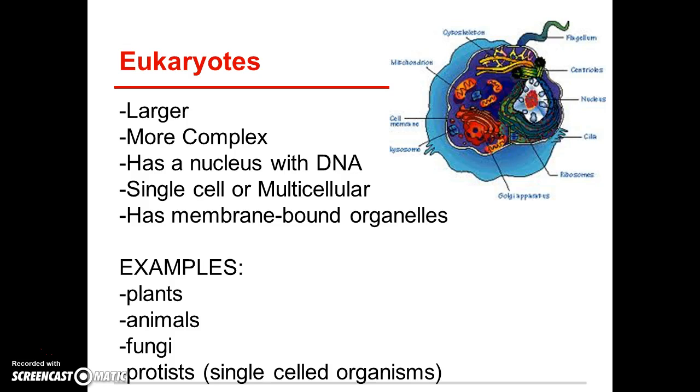Eukaryotes can be single cell, or they can be multicellular. Obviously, you are multicellular. And every cell has membrane-bound organelles. So these are all these colorful little things. This is one cell that you're seeing right here, and this is all the organelles inside of it. Examples of eukaryotes: you're going to find plants, animals, fungi, and protists. All kinds of life except for bacteria.